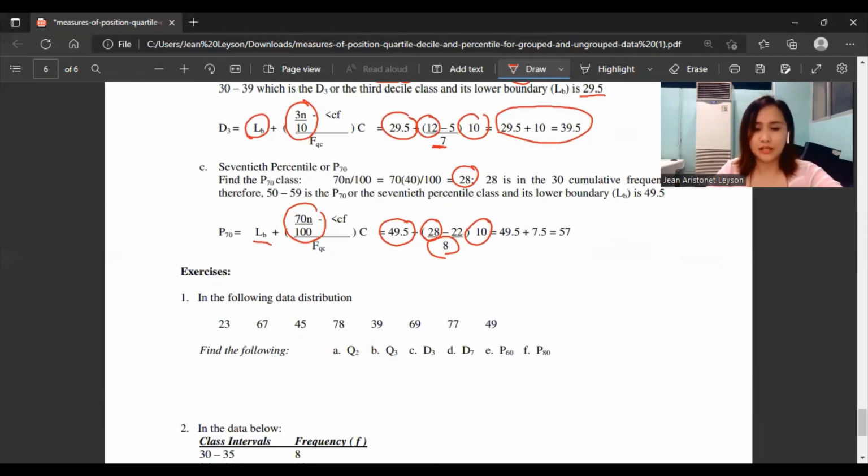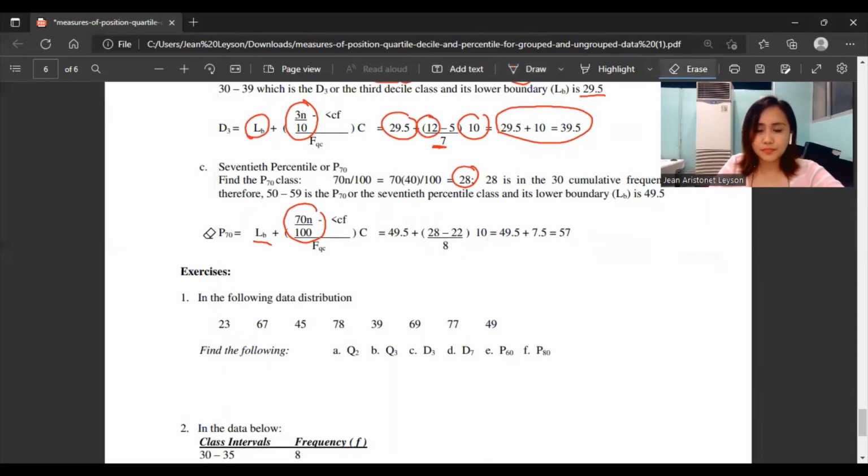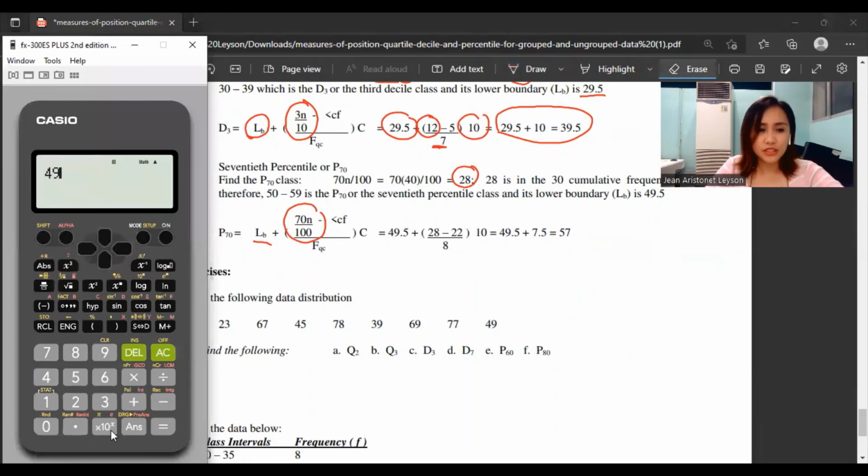Let's use our calculator here for the third example. That is 49.5 plus 28 minus 22, divided by 8, times 10. Oh, what happened?